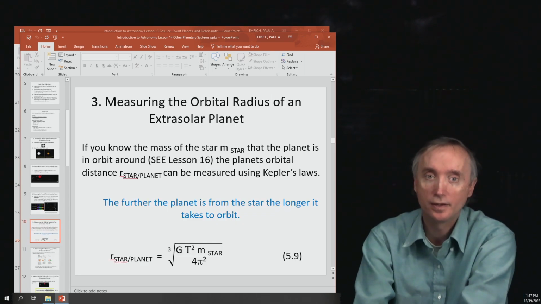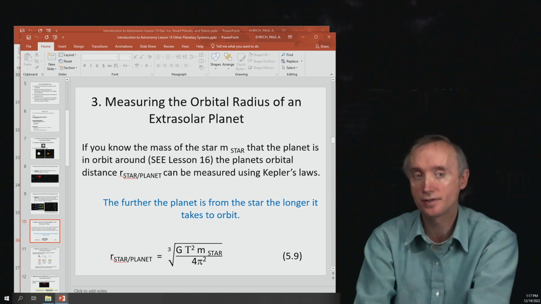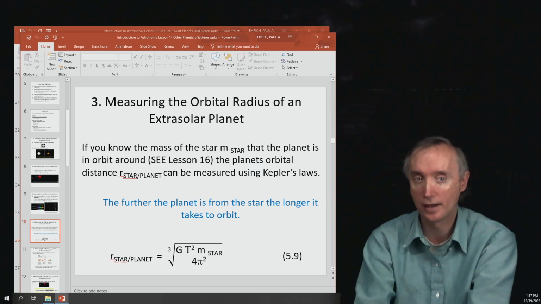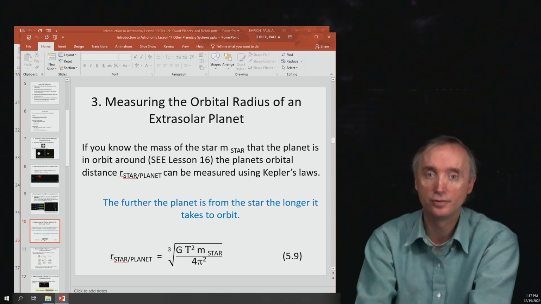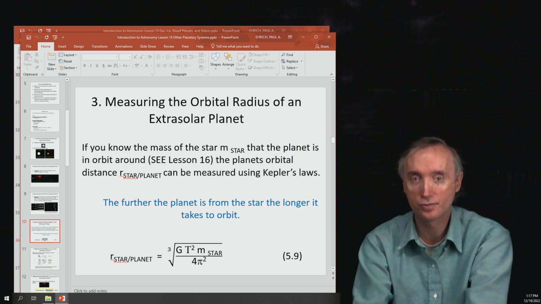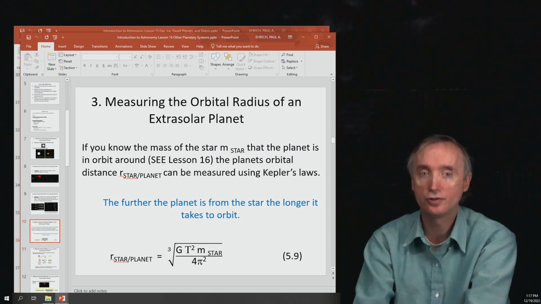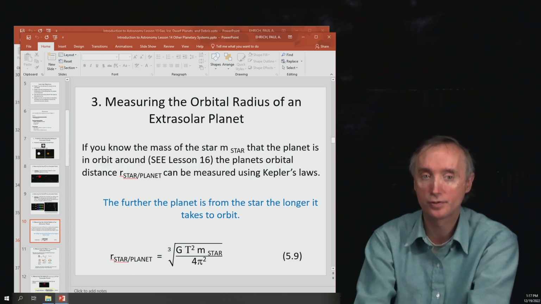Okay, the next thing is, how do you figure out the distance to the planet from the star? All you got to know is Kepler's laws. You don't have to do any calculations with the formula, but you should know that by using Kepler's third law, you can figure out the distance to that particular planet.